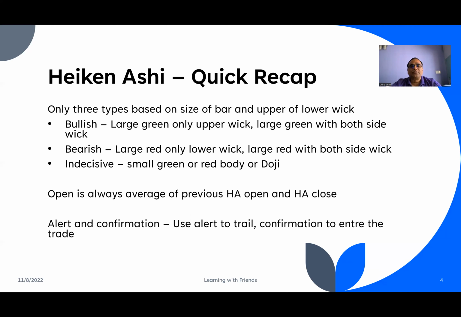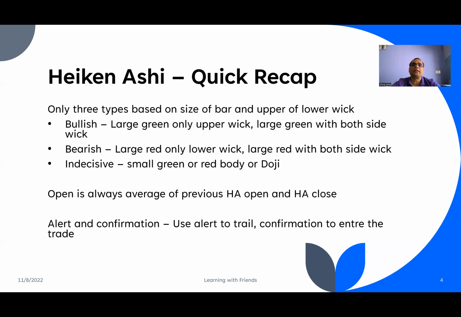Is the trend bullish, or is the trend bearish, or is this an indecisive area? I will show you the actual chart on TradingView also to illustrate my point. But you can drill down all the 25, 30 different combinations of candles to just these three things: is the trend up, trend down, or indecisive?